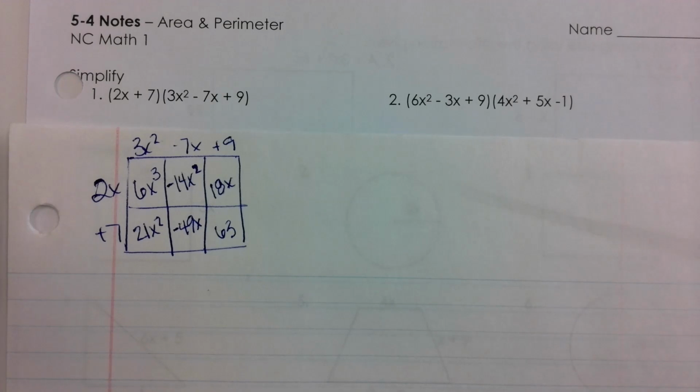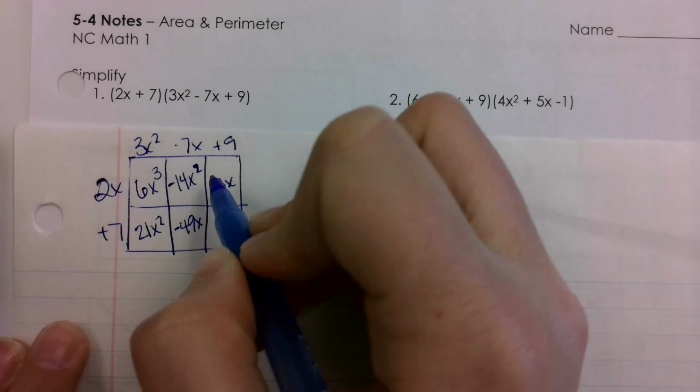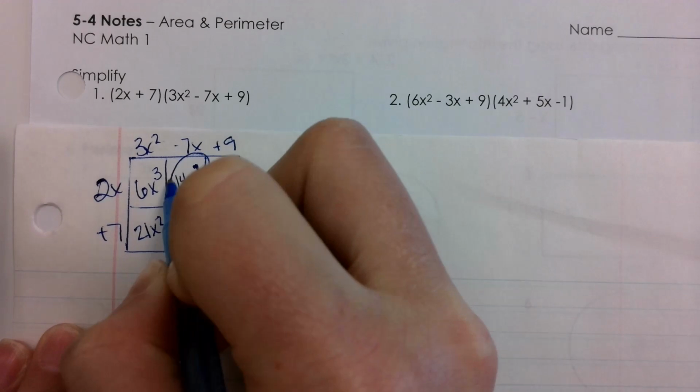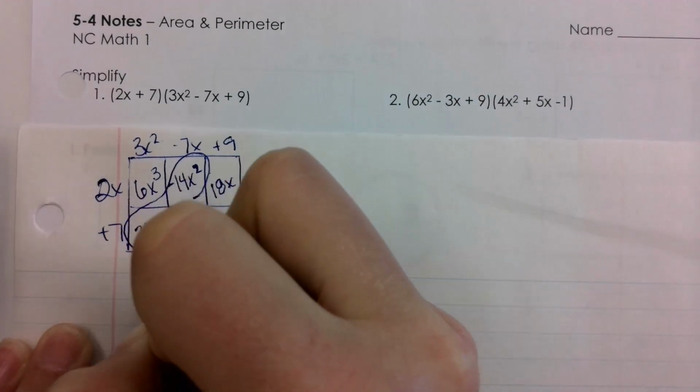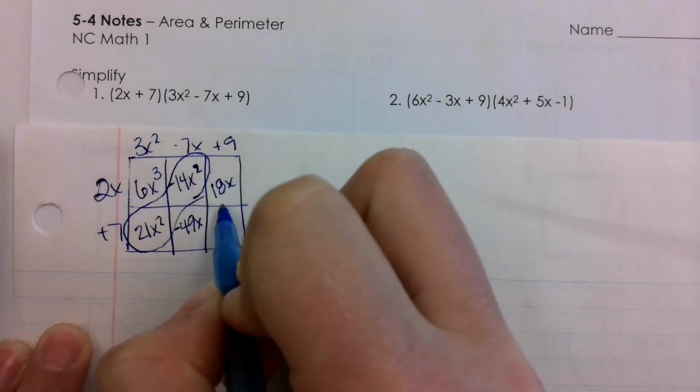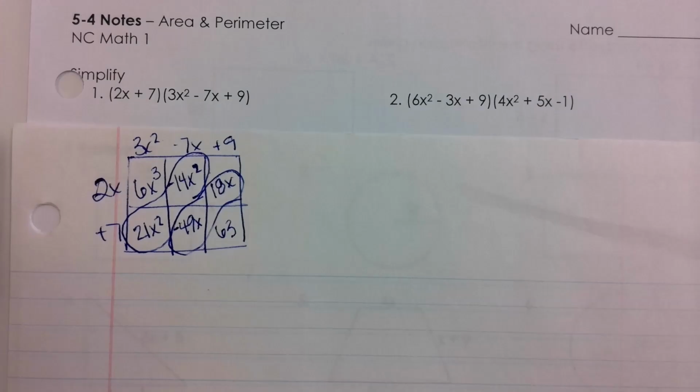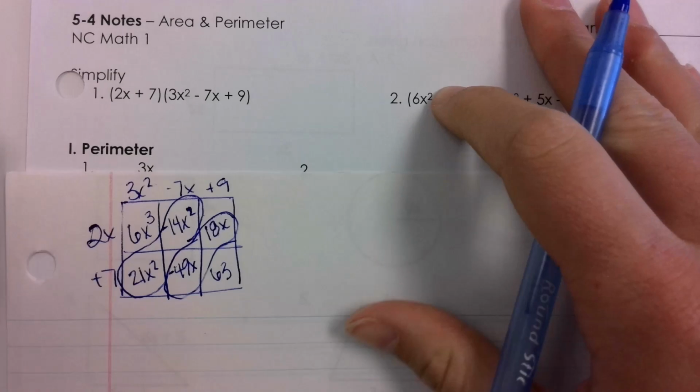What do we have to do from there? Combine your like terms. They're on our diagonal, yeah? What like terms do we have? We got 18x and negative 49x. Is that okay? So we're going to have that 6x cubed. That'll still be there.